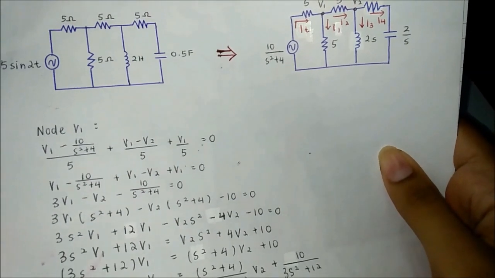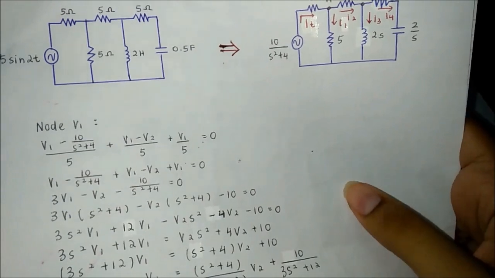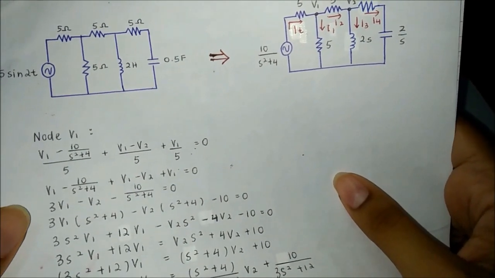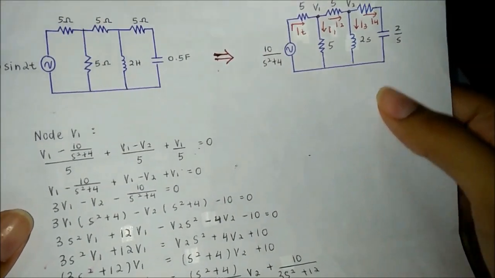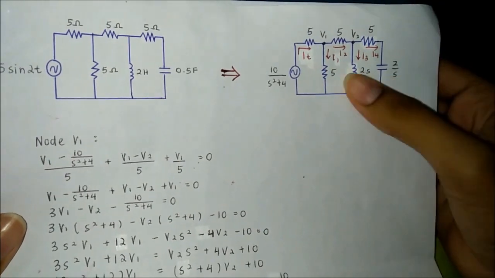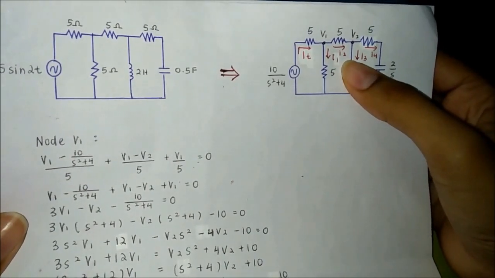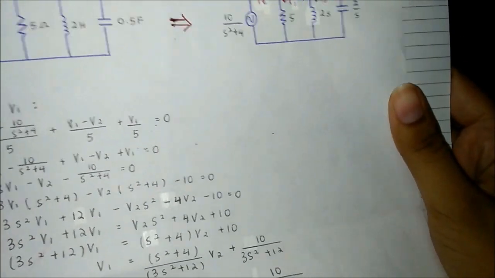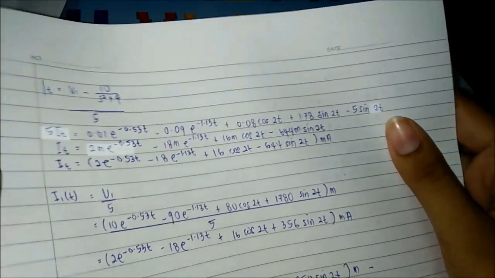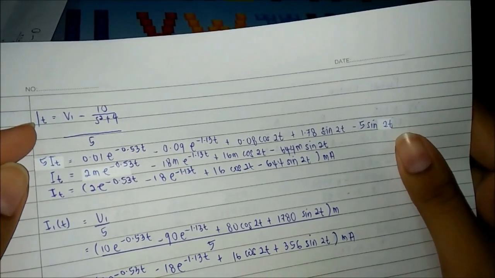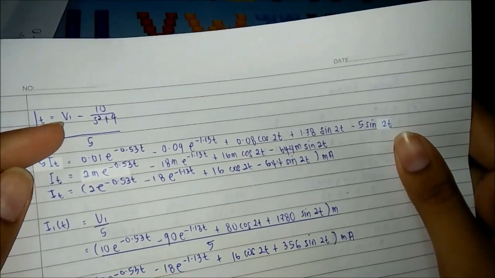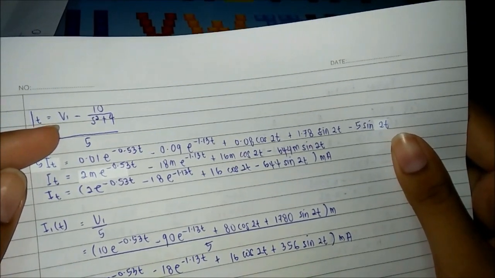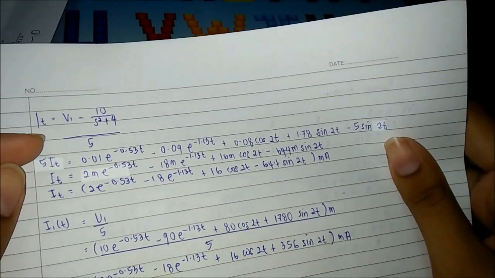Okay, next, after looking for V1 and V2, we continue looking for IT, I1, I2, and I3. For IT, the equation for IT is V1 minus 10 over S squared plus 4 over 5.